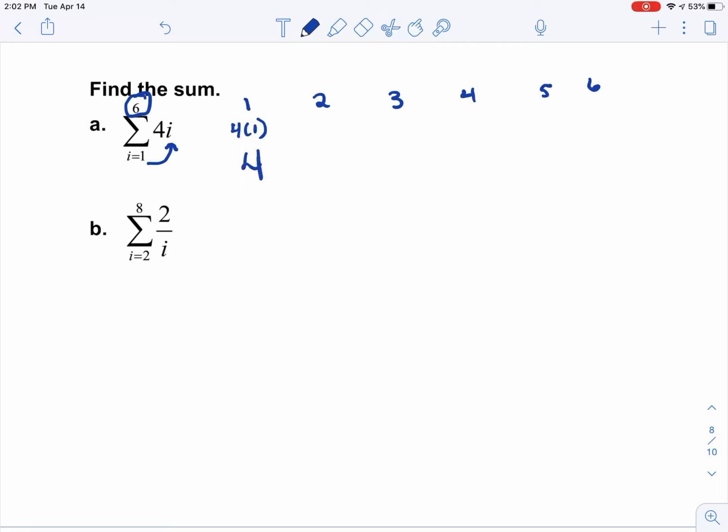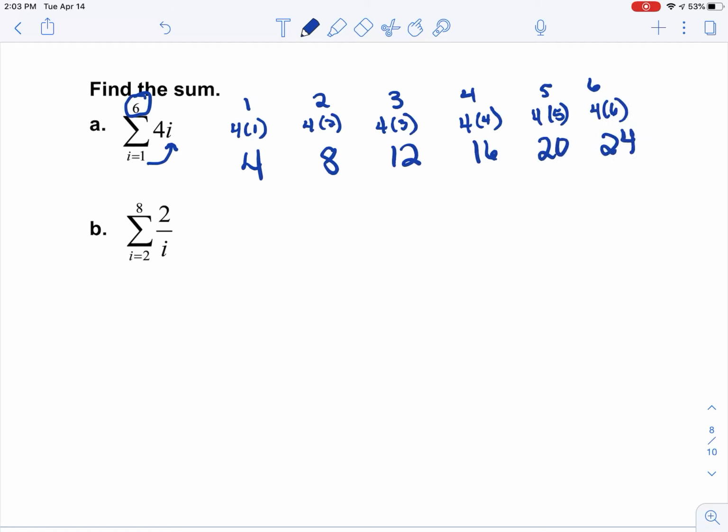So 4 times 1 is 4. Then I'm going to go and I'm going to put 2 in. 8. 4 times 3 is 12. 4 times 4 is 16. 4 times 5 is 20. 4 times 6 is 24.